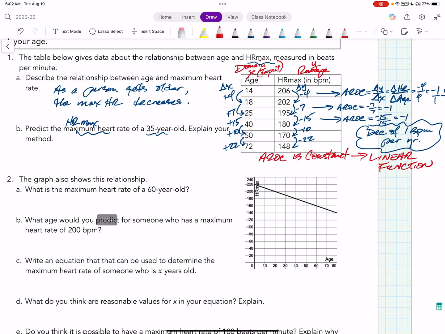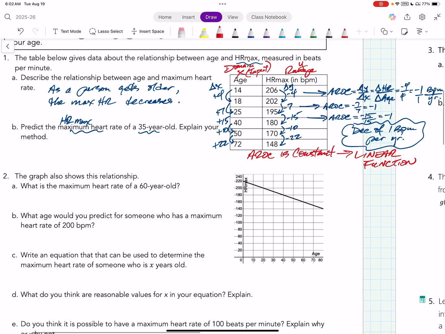So let's get back to the question here. It says predict the maximum heart rate for a 35-year-old. Well, if we know that there's a decrease of 1 beat per minute per year from 25, then from 25 to 35 is 10 years, a 10-year span.